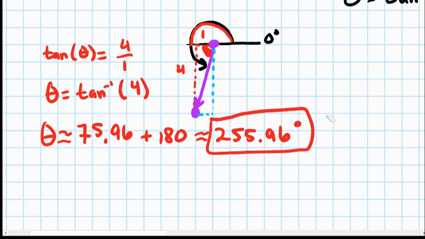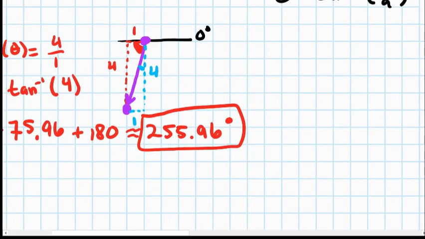And I just want to show you one more work through here to show you why the blue one also works. So first of all, if I was trying to use the blue one here, I would use my components here, 4 and 1, as the side lengths, and then I can again use tangent because tangent of the angle is equal to the opposite over the adjacent.